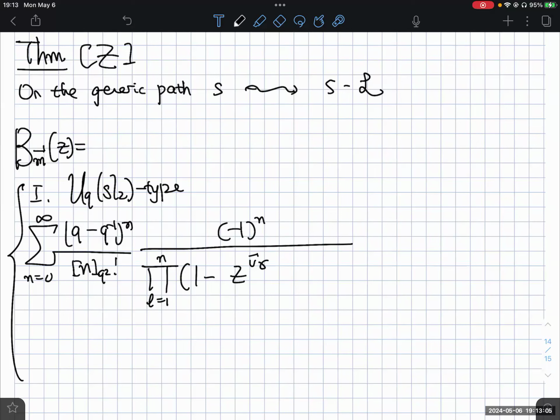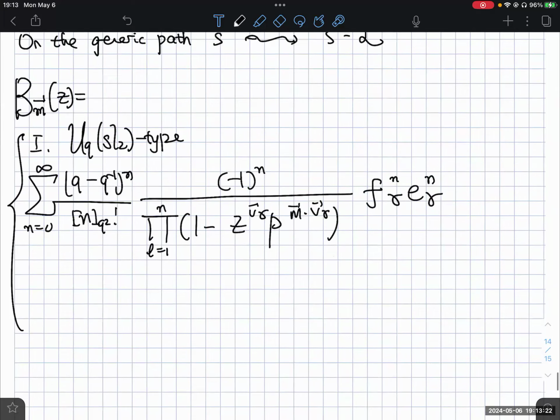I will explain all of these notations later.